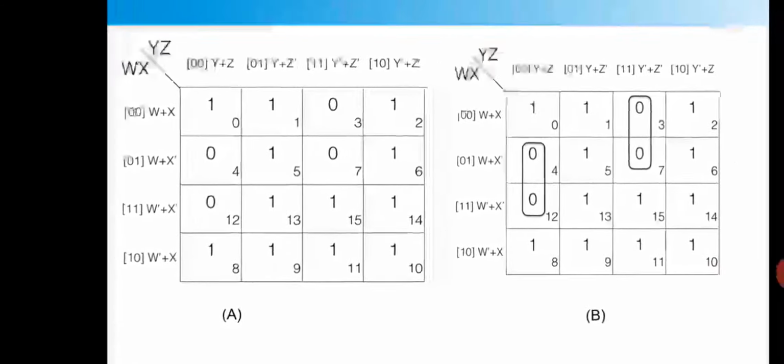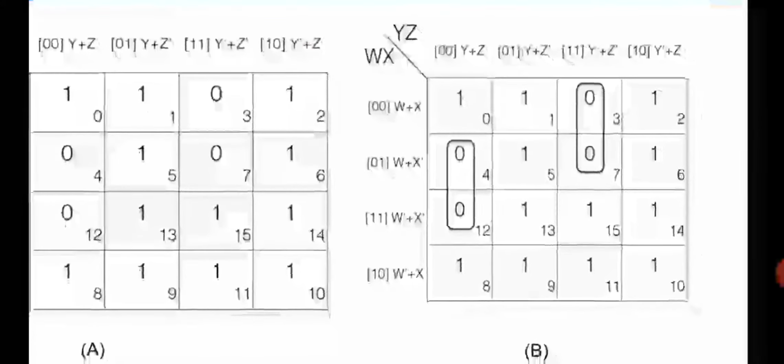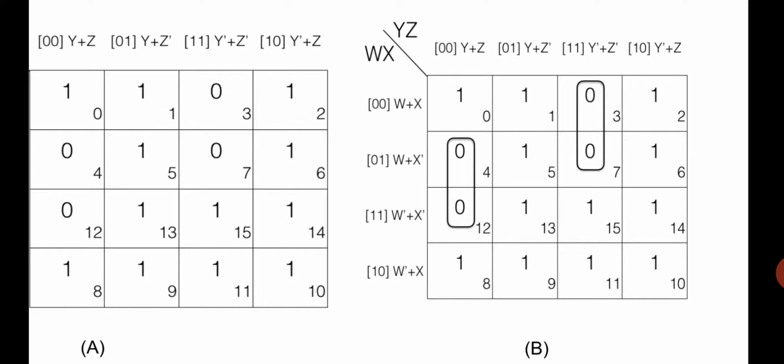Now if you concentrate on image B, instead of combining 1, here we are combining 0. Why? It is a completely opposite concept, isn't it? In the previous example, whatever we have seen there, we were combining 1, because you were performing an AND operation on literals.